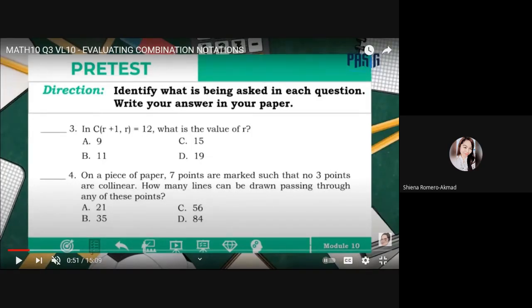On a piece of paper, 7 points are marked such that no 3 points are collinear. So what will be our n? 7. When we say n, it is the total number of elements, items, or objects.